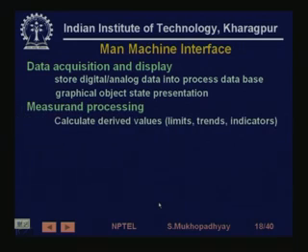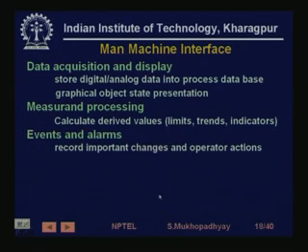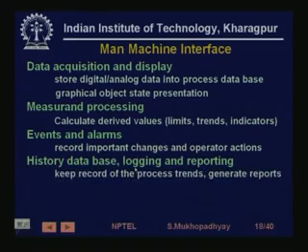So, these are the major functions of man machine interfaces: data acquisition and display, then measurement and processing. It calculates the various derived values, that is, it does not always produce raw data to the operator, because the raw data sometimes requires further processing to give more meaningful operational information to the operator for effective plant operation and management.